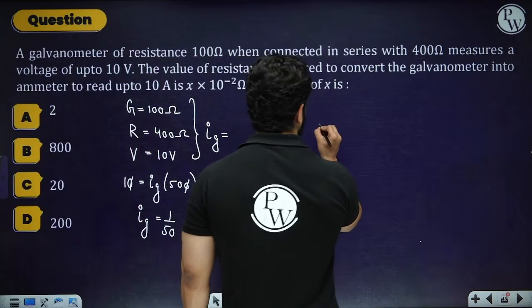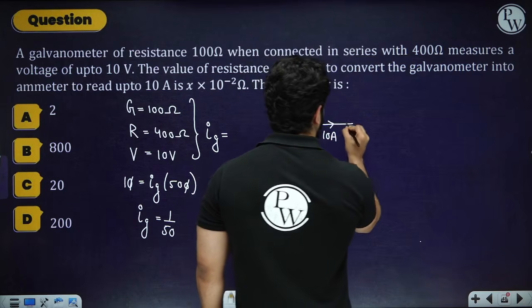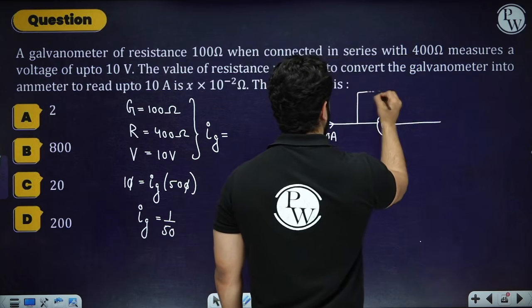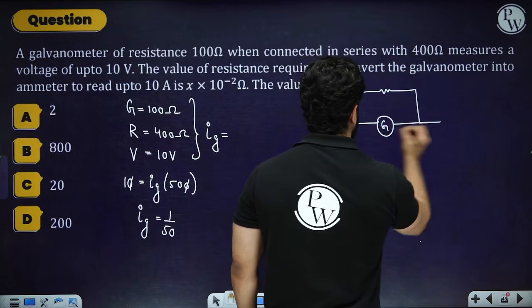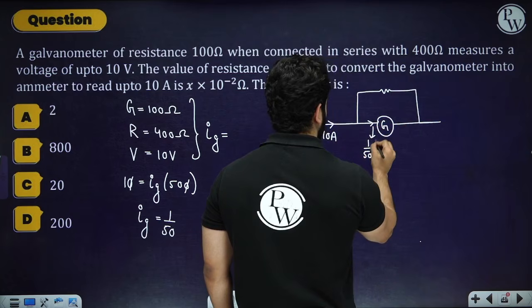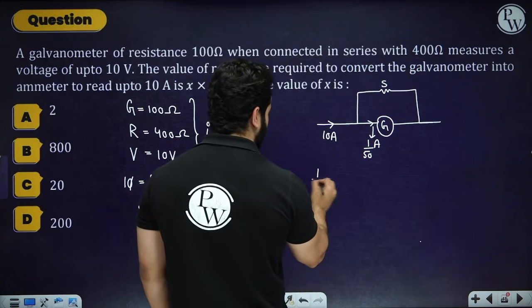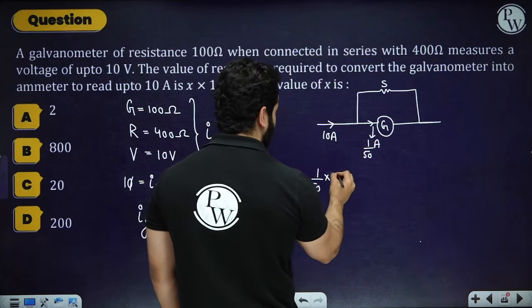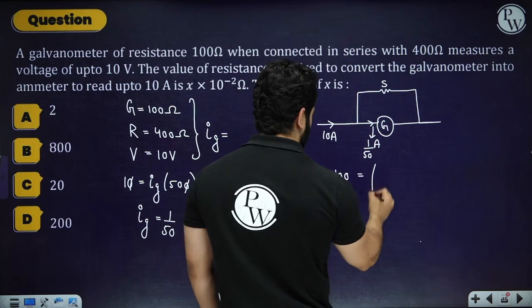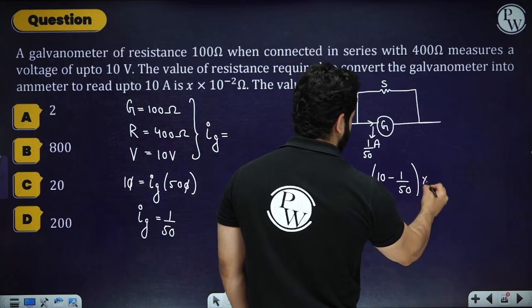Please understand, 10 ampere of current should come to a galvanometer whose full scale deflection is only 1 by 50. And this is the value of shunt that we want to find out. So we are going to write 1 by 50 multiplied by the value of G, that is 100, equals (10 minus 1 by 50) times the value of S.